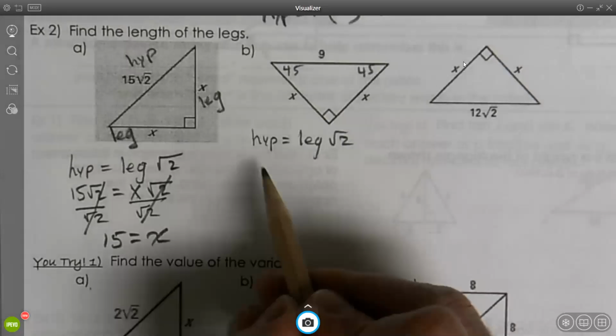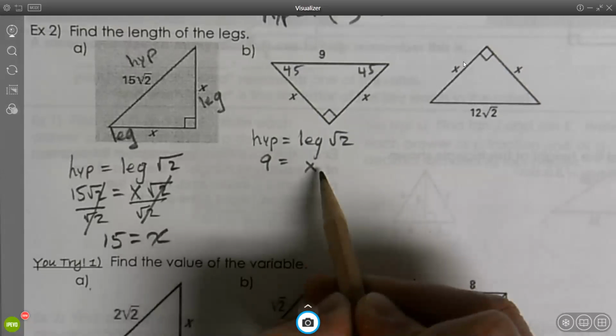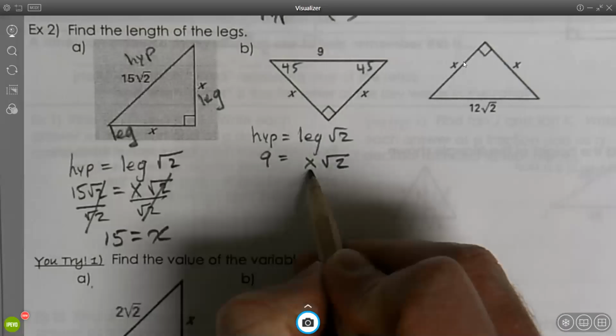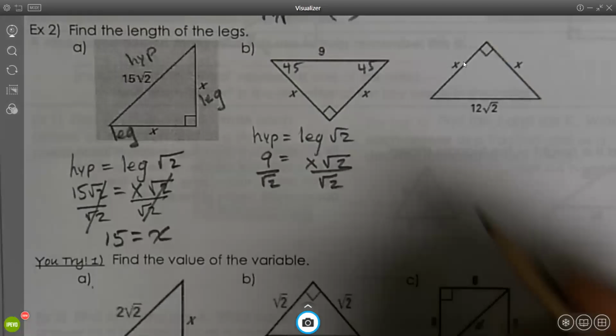The hypotenuse is 9, the leg is x, and the leg is being multiplied by √2, so it equals the hypotenuse. Just like before, if we want to get the x by itself, we need to divide by √2. That's going to cross the √2s out.